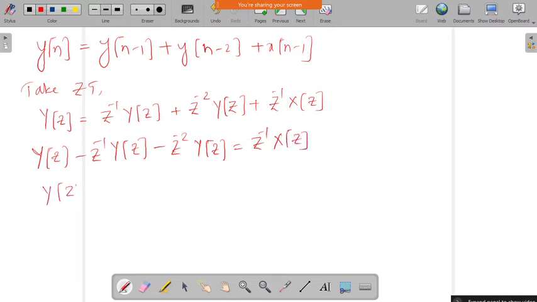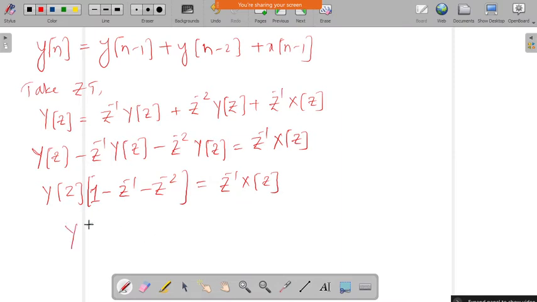Take y of z common: 1 minus z inverse minus z power minus 2, which is equal to z inverse into x of z.